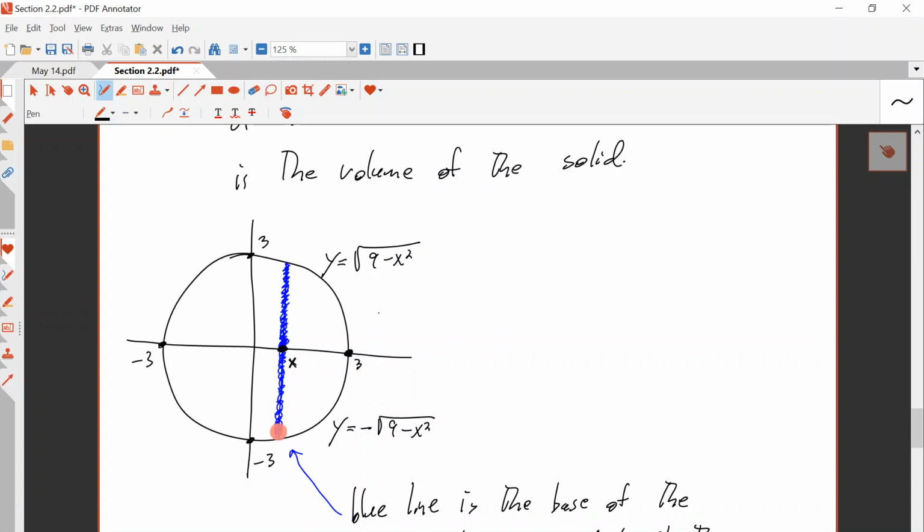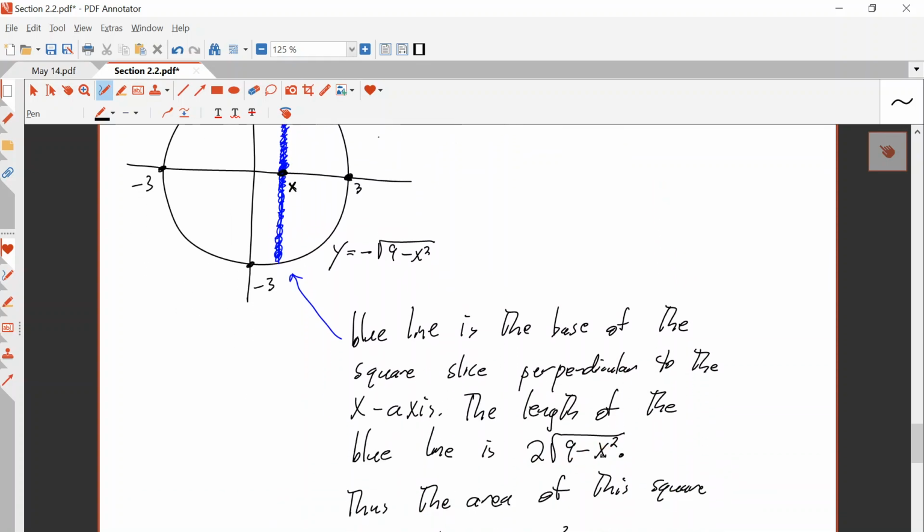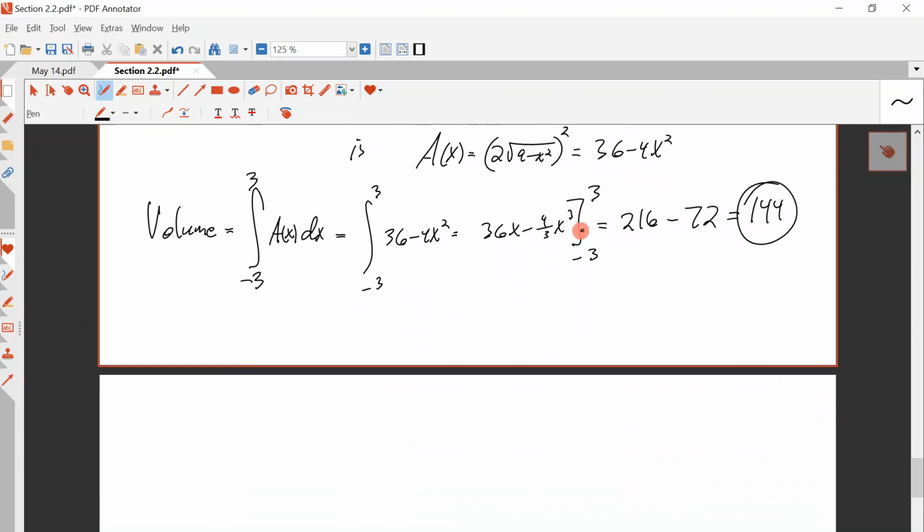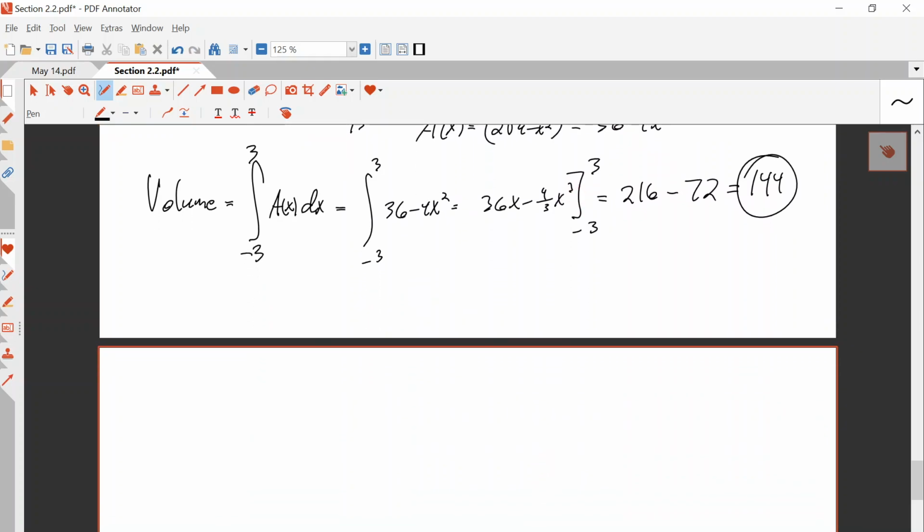The distance from the x-axis to the curve is the function that defines that curve. So this distance is square root 9 minus x squared, and this distance is the same, so the full side is twice that: twice root 9 minus x squared, so the area is that squared, which is this. Okay? All right.